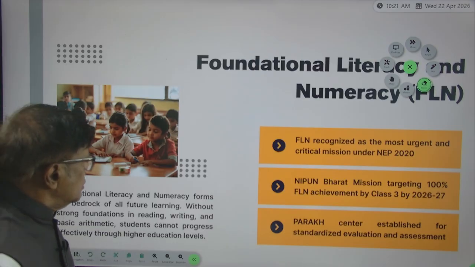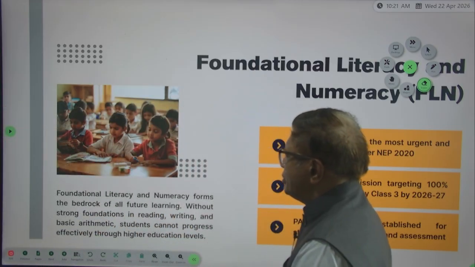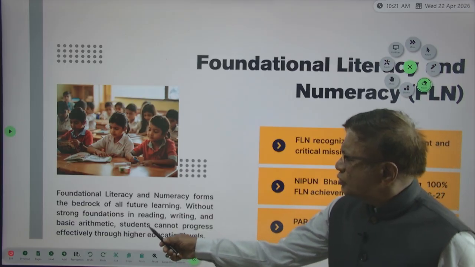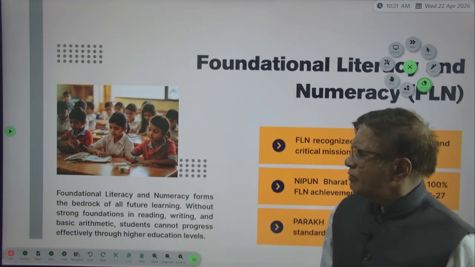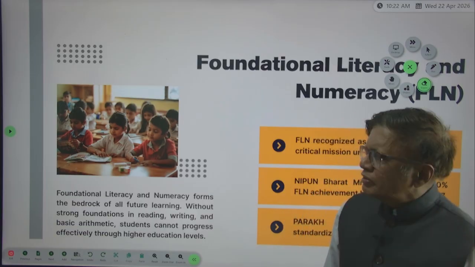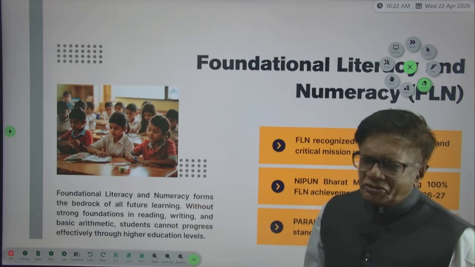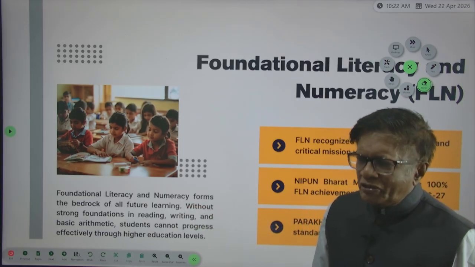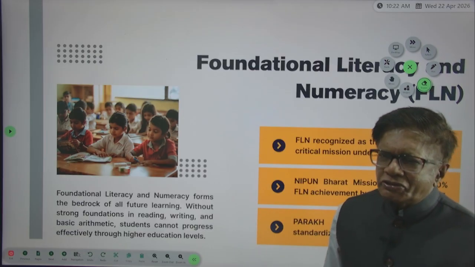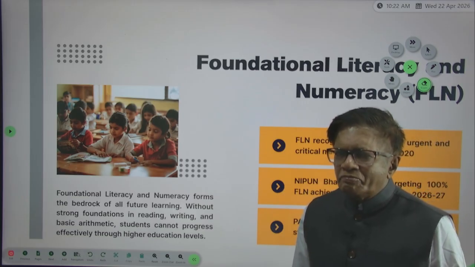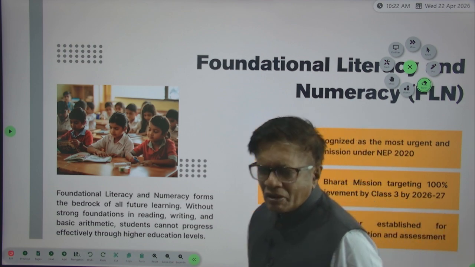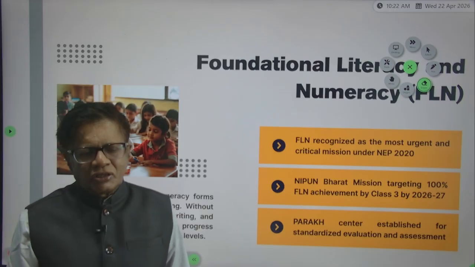Without a strong foundation in reading, writing, and basic arithmetic, students cannot progress effectively through higher educational levels, because FLN, that is foundational literacy and numeracy, is very important for understanding the crux of the new educational policy, which is the bedrock of all the educational systems across.